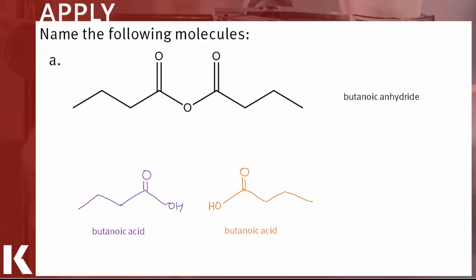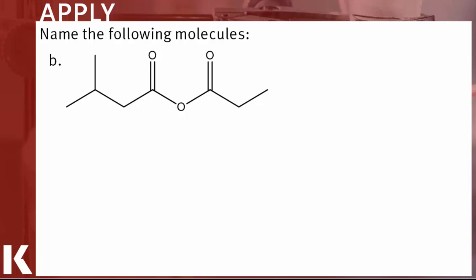Now to make it a little bit more difficult, here's an asymmetric anhydride, but the concept still applies. We're going to break this apart into 2 carboxylic acids and name them separately. This group right here is going to be on carbon 3, and it's a 3-methyl. Again, we're going to start the chain with number 1 on the carboxylic acid functional group.